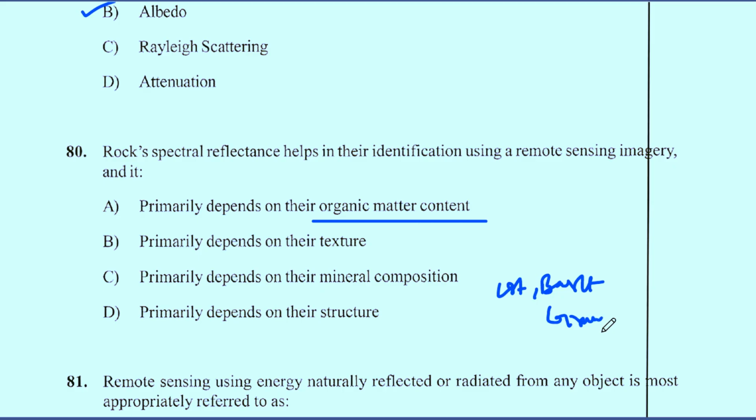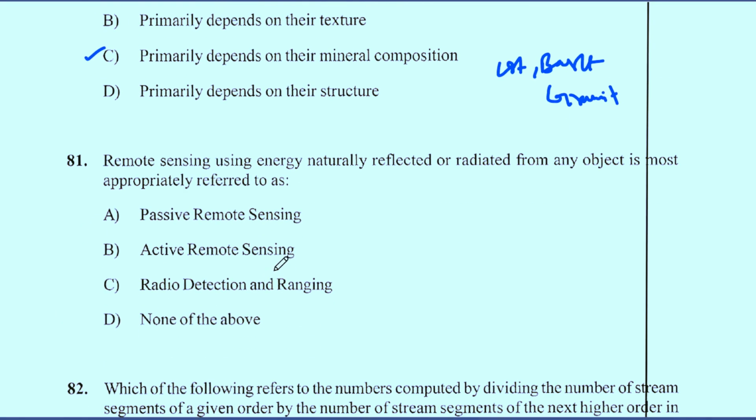So we have rock spectral wavelength. When electromagnetic radiation reacts with the rock, it gives some reflectance at a particular wavelength, and it depends upon the composition of the material, not on other things. So this is our right option.